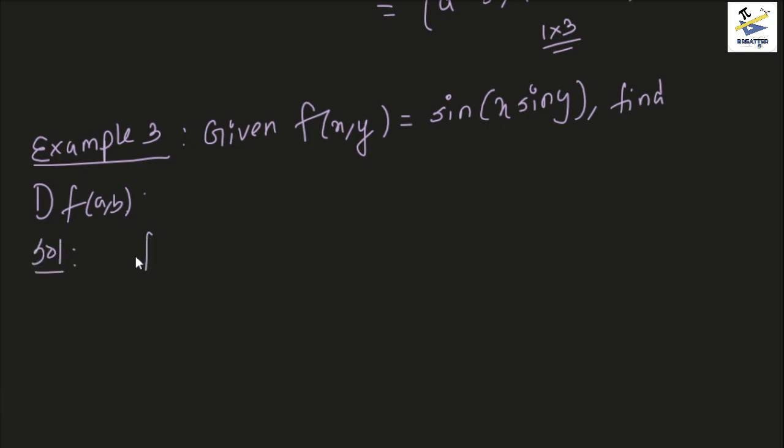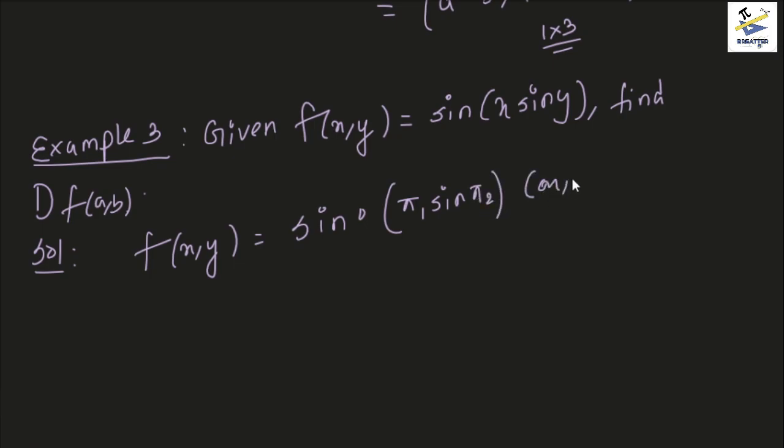We can see that f of x comma y can be written as a composition of sine multiplied by, now this is something which cannot be written directly, but it can be written as pi 1 into sine of pi 2 at the point x comma y for now.